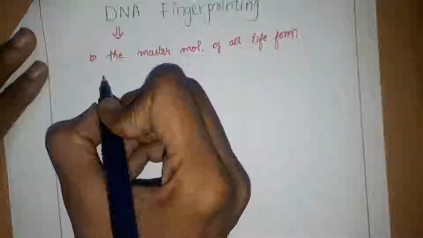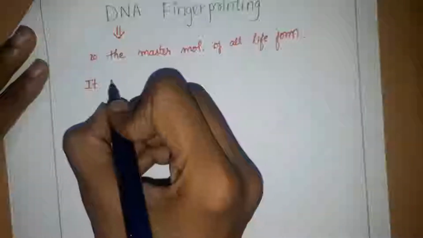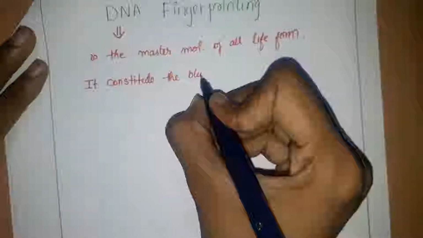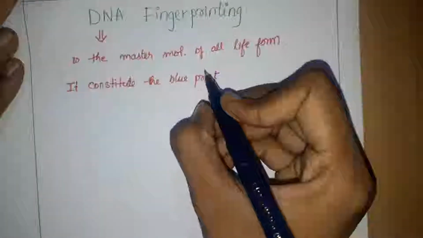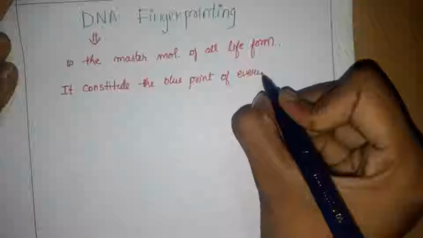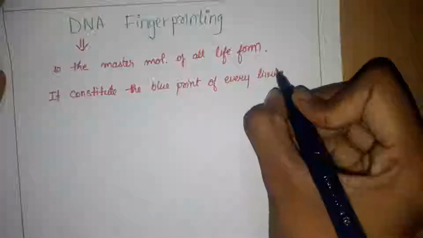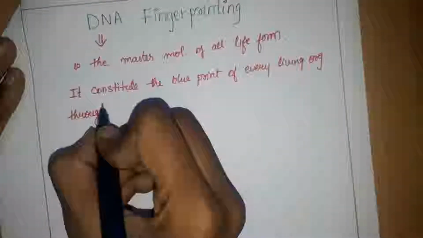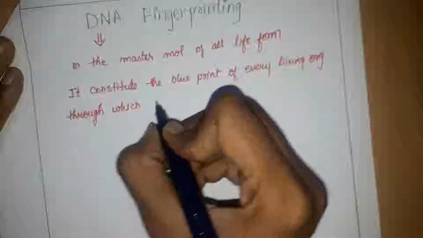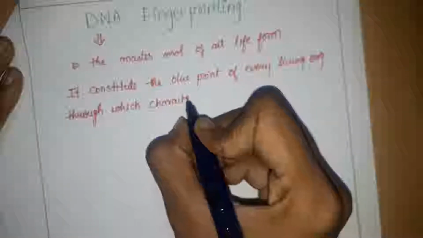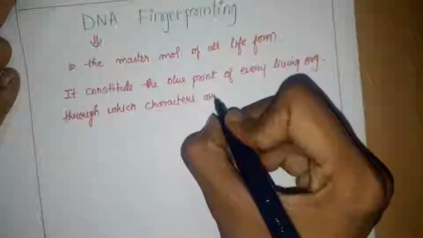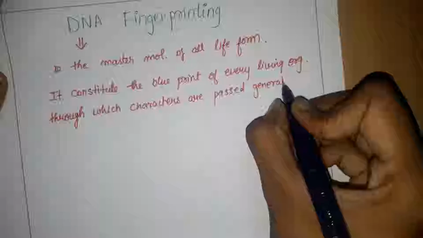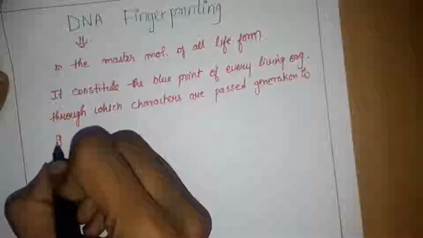Okay, and this DNA constitutes the blueprint of every living organism, through which characters of an individual are passed generation to generation.